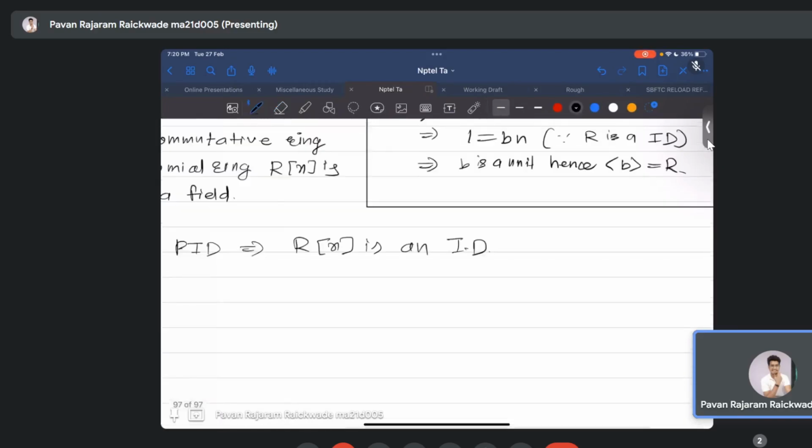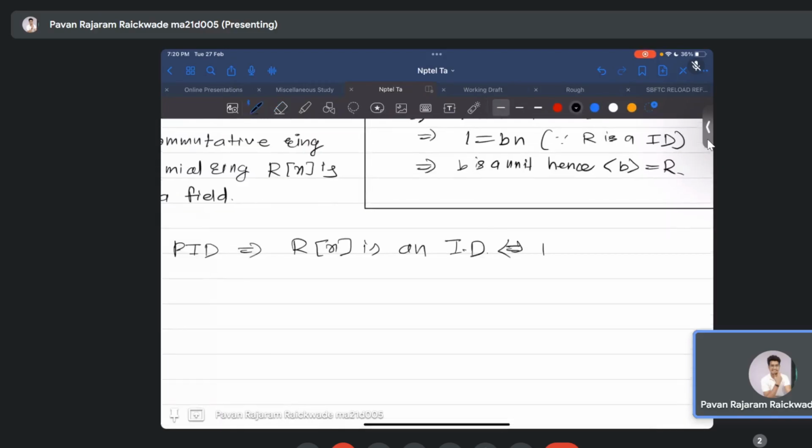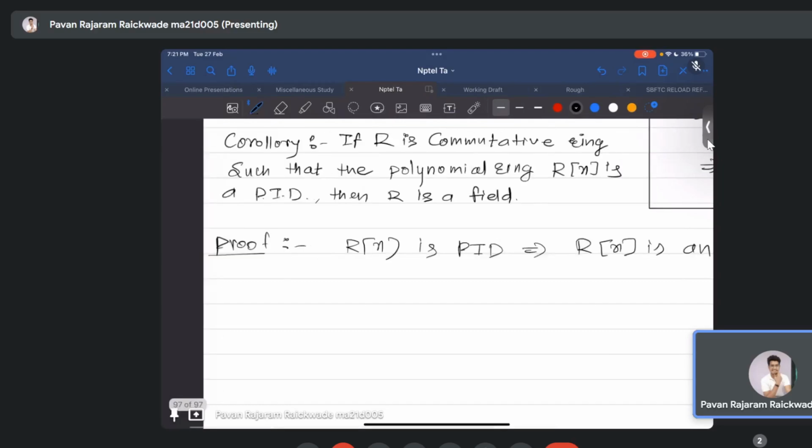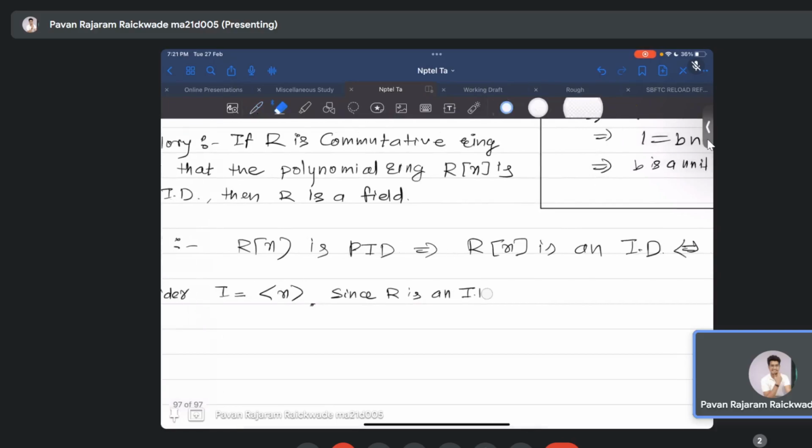But we have seen earlier this is if and only if R is an integral domain, right? So we have at least this thing that R is an integral domain. So now consider I as the ideal generated by x.